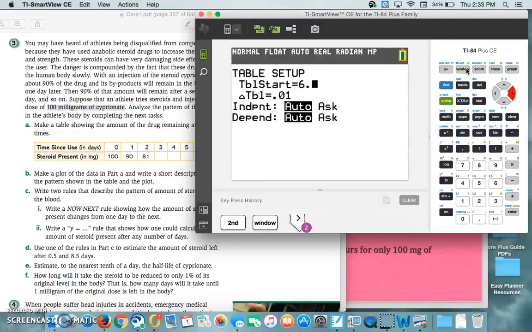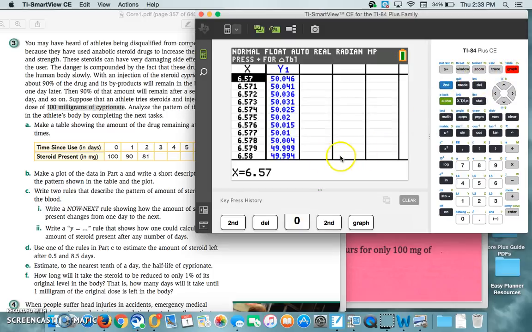So 6.57, and then we can insert a 0 here and go back to the table, and we'll just say that this is as close as we get. So 6.578 days is the half-life of this particular anabolic steroid, of whose name I cannot pronounce.